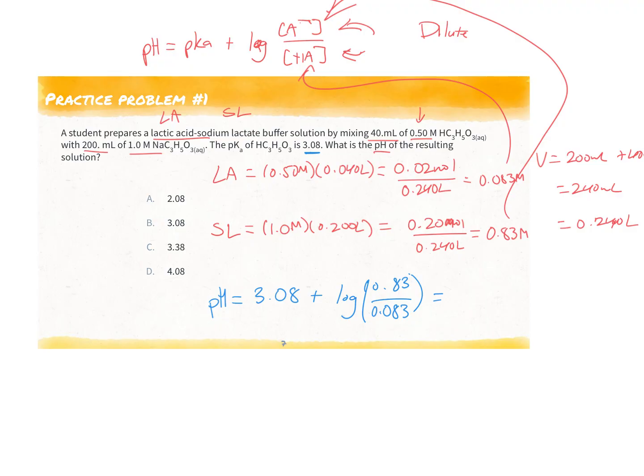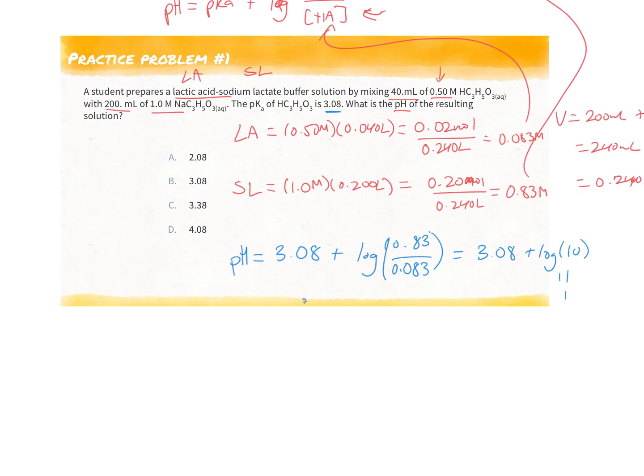I can simplify this. It'll be 3.08 plus log of 10. Log of 10 is just equal to 1, and so pH is just 3.08 plus 1, which is 4.08. That is answer choice D. So the answer here is D.